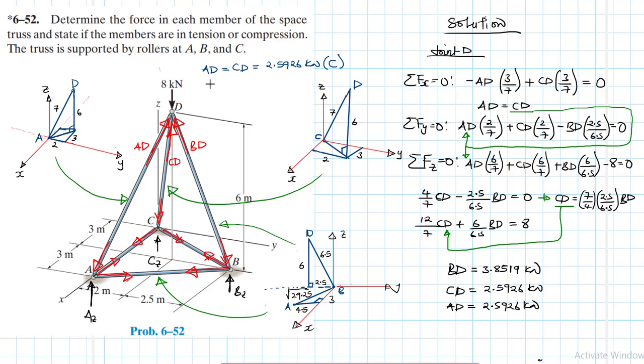And then we have BD, which is equal to 3.8519 kilonewtons.